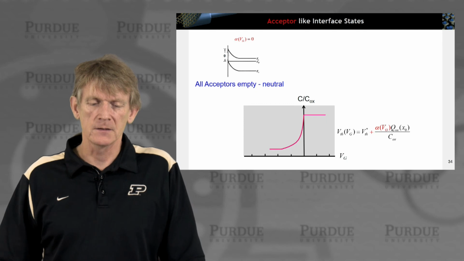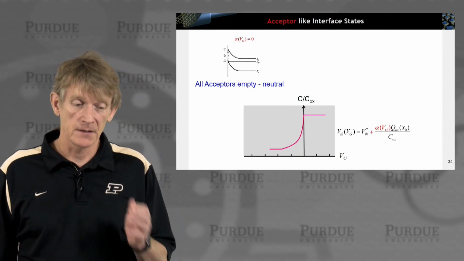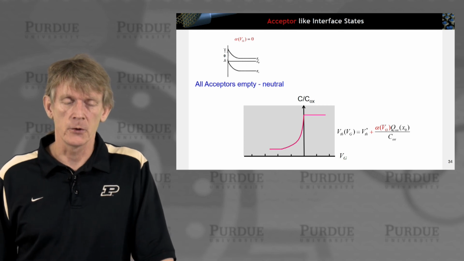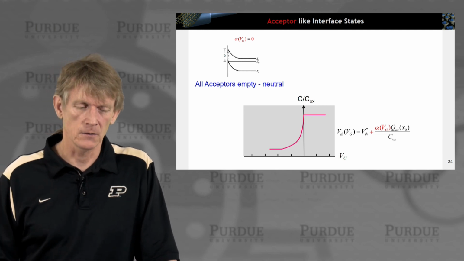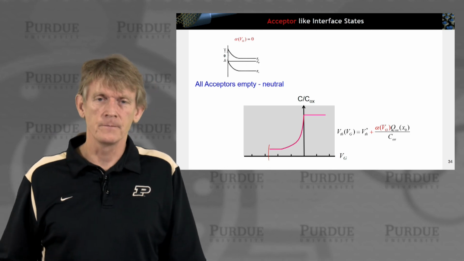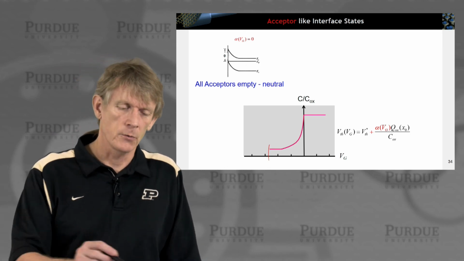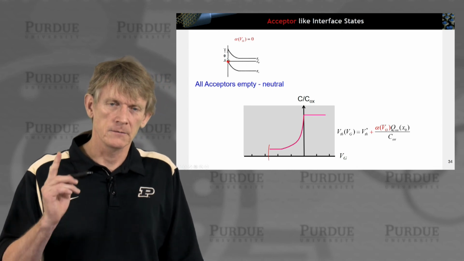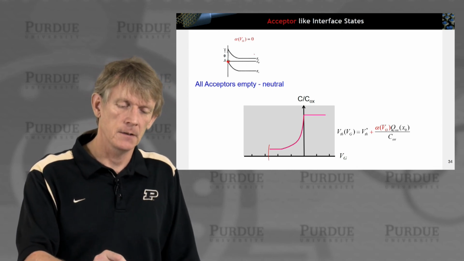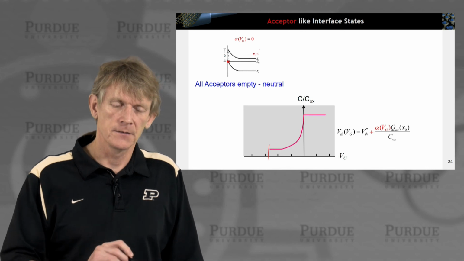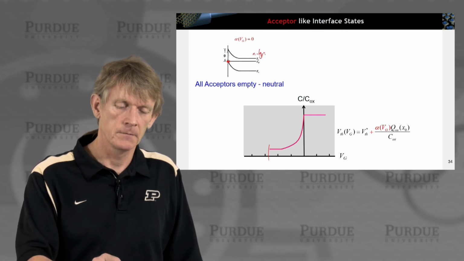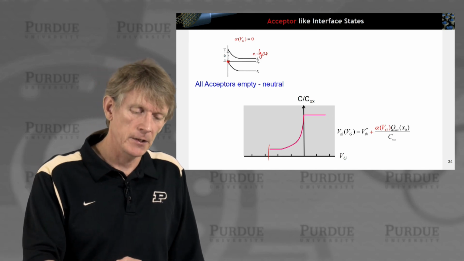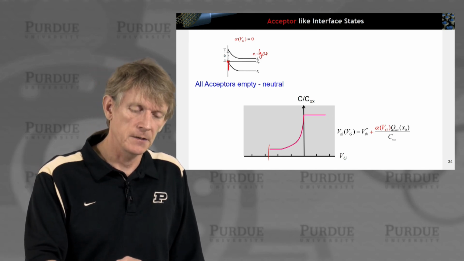Okay, now let's look at the acceptor-like interface states. And let's start out with the condition in inversion. We start out from the other end, so we're down here. We're in inversion, the Fermi level inversion, right? Remember, this is an N-type semiconductor, and so the majority carriers are N, and you have a bunch of holes piled up in here.